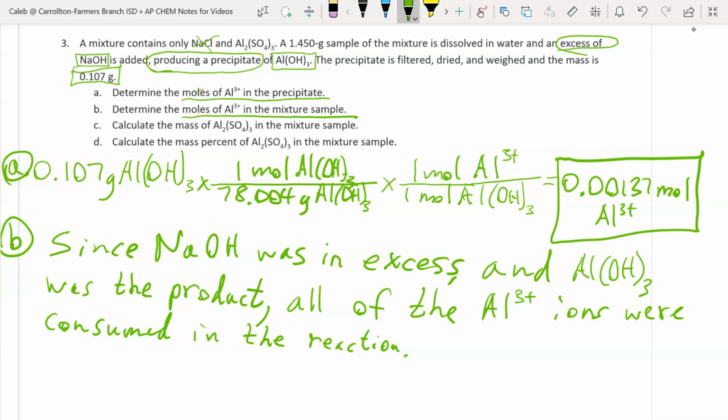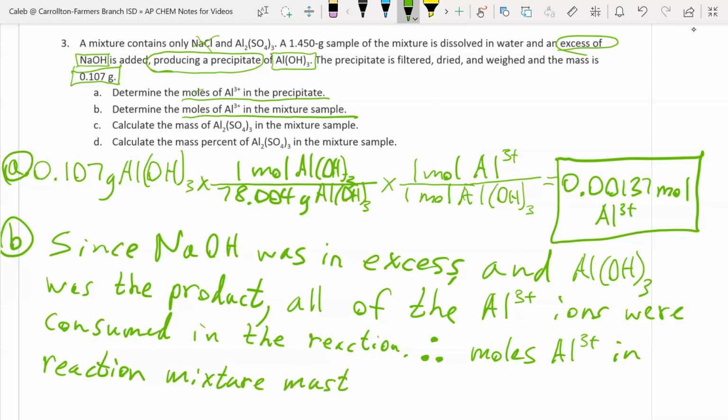Since we can assume that all of the ions were consumed in the reaction, we can say, therefore, the moles of Al3+ in the reaction mixture must equal Al3+ in the product.